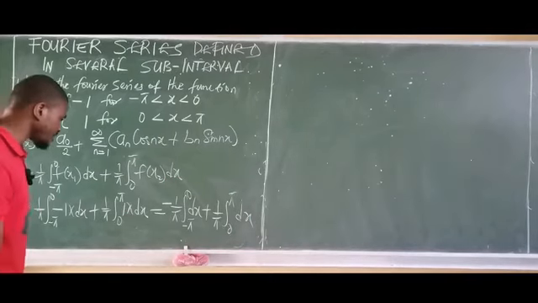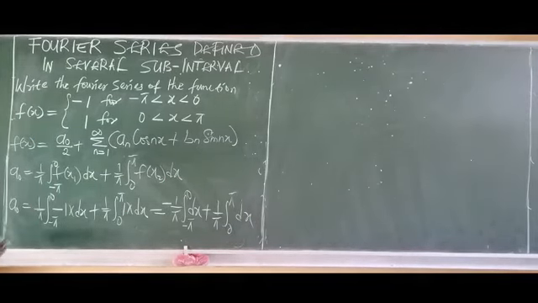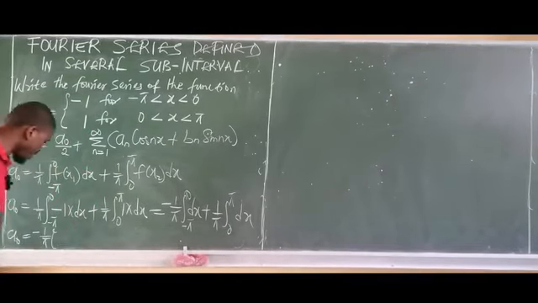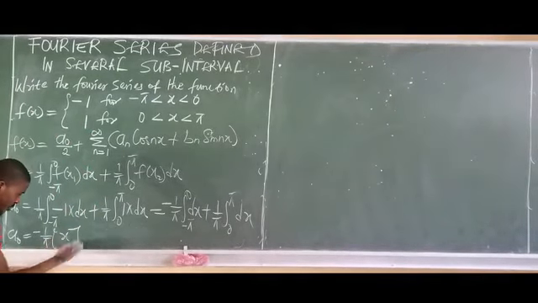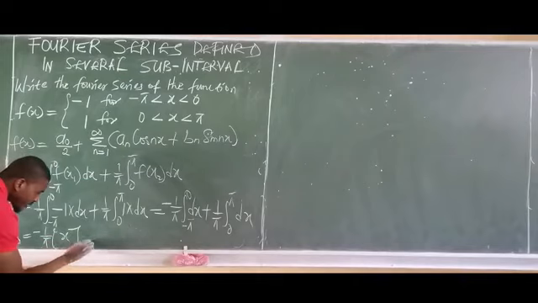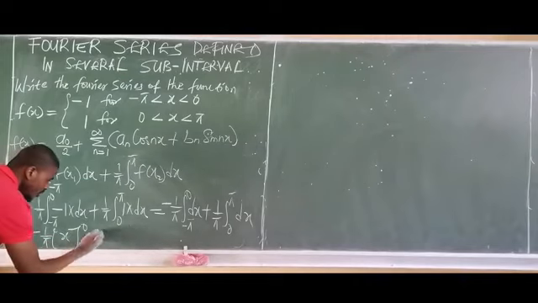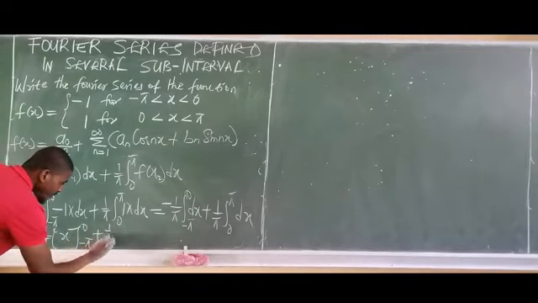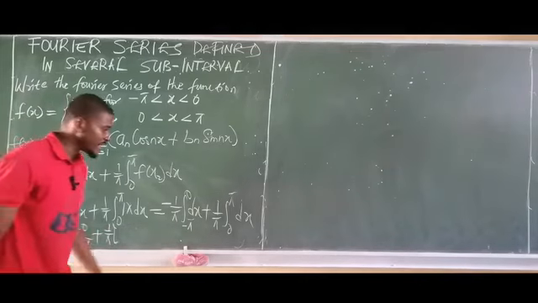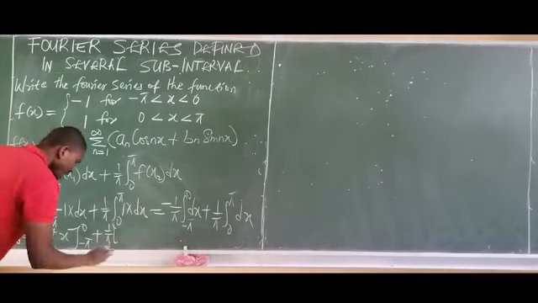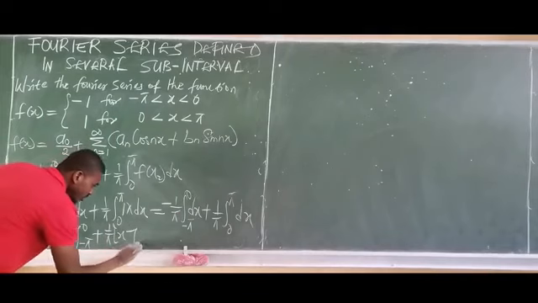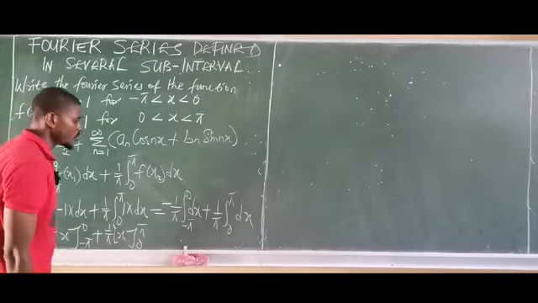So a naught is equal to -1 all over pi times, if I integrate dx, I will simply have x, put in your limit from minus pi to 0, plus 1 all over pi. Same thing over here: if I integrate dx, I will simply have x, put in now your limit from 0 to pi.